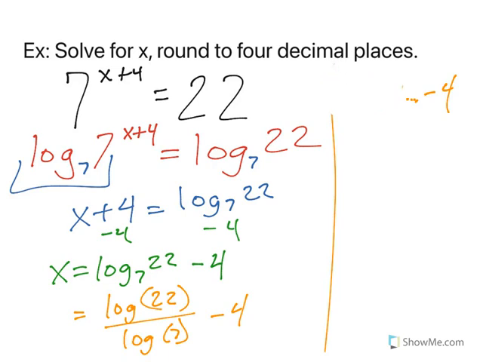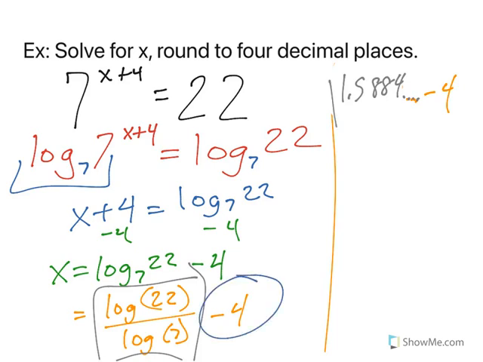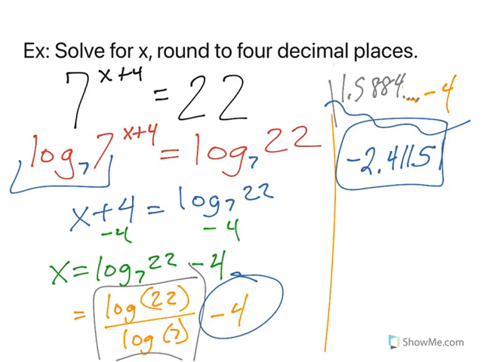Hold on. I just wrote down the answer. When you do log of 22 divided by the log of 7, you get 1.5884, and it goes on and on. Then we have to subtract 4, because that's the second piece. So when you subtract 4, your final answer is negative 2.4115, rounded to 4 decimal places.